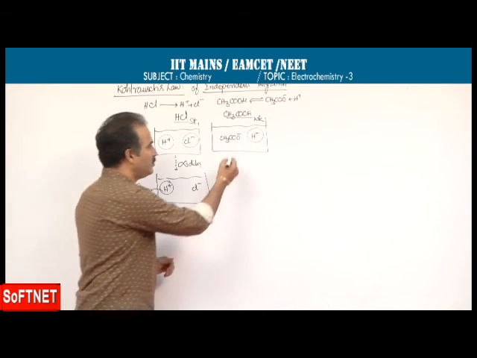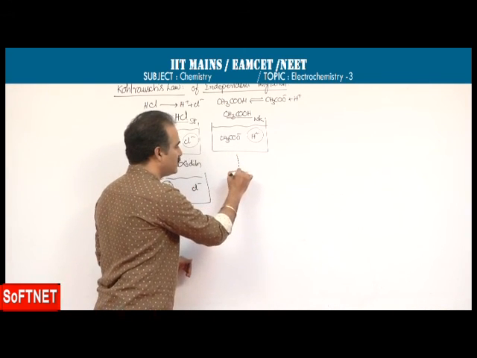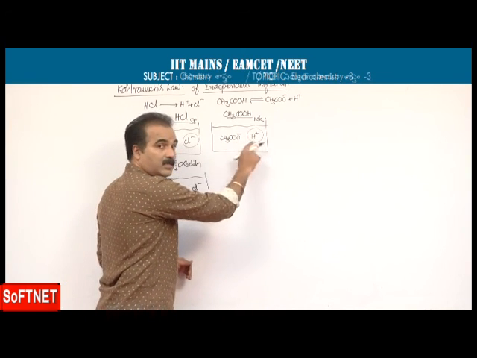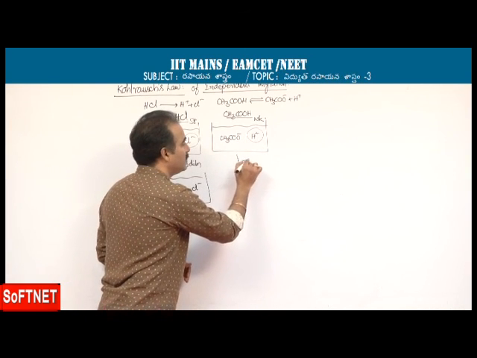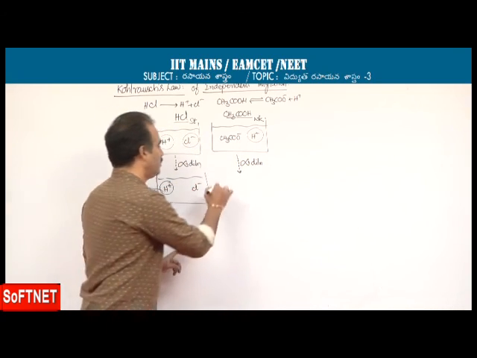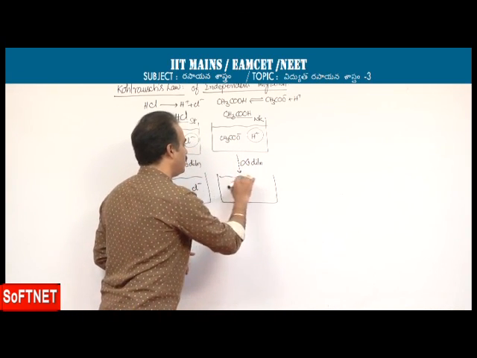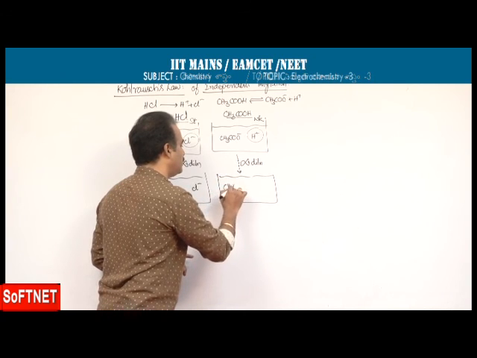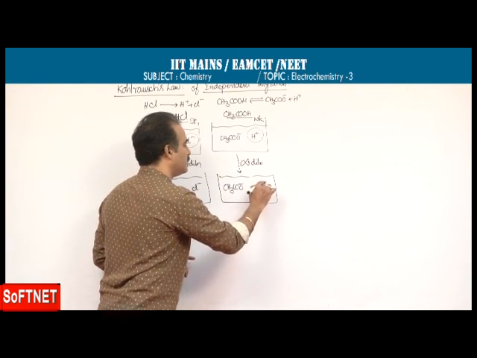And similarly, this acetic acid solution also I am diluting to an infinite level. At infinite dilution, there is an infinite amount of water between acetate ions and H plus ions.